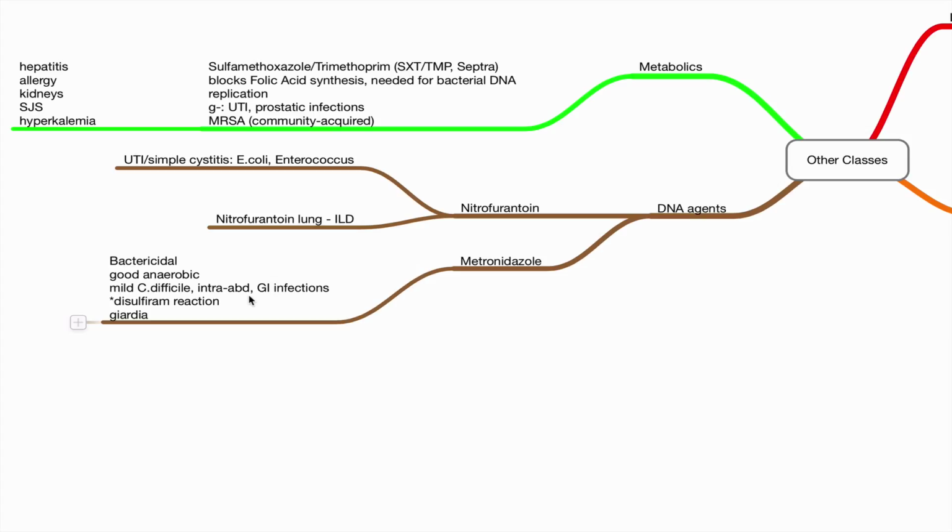It's used for intra-abdominal anaerobic coverage, specifically for Bacteroides fragilis and GI infections. A common side effect or reaction is the disulfiram reaction. So in these patients that are started on Flagyl, you have to make sure that they do not have co-ingestion with alcohol, because they'll have very significant GI symptoms and intolerance to this. It also covers Giardia as well.